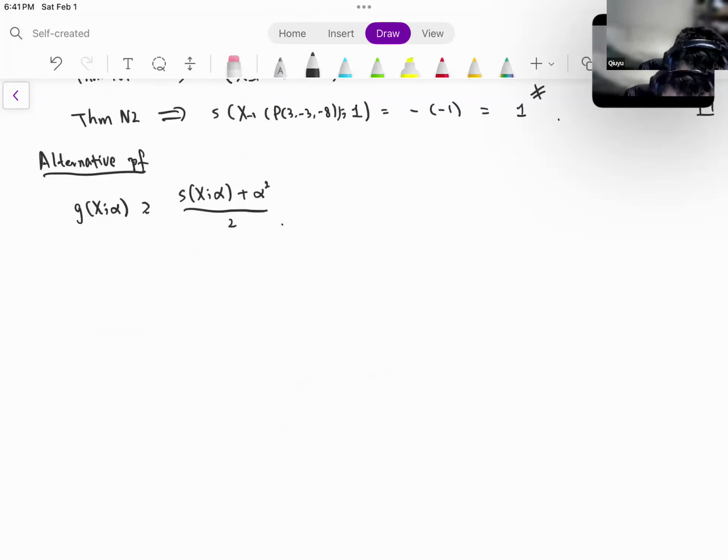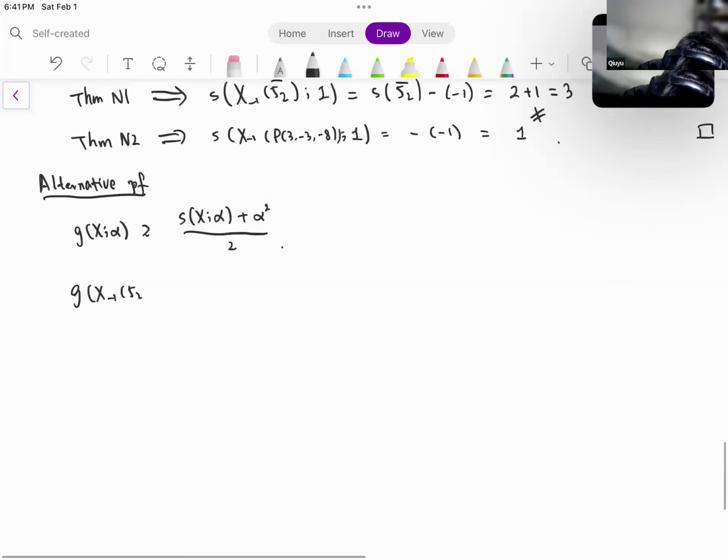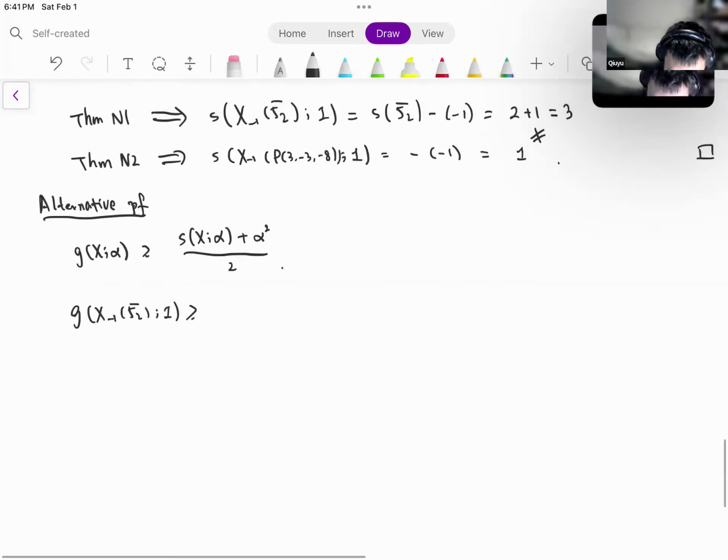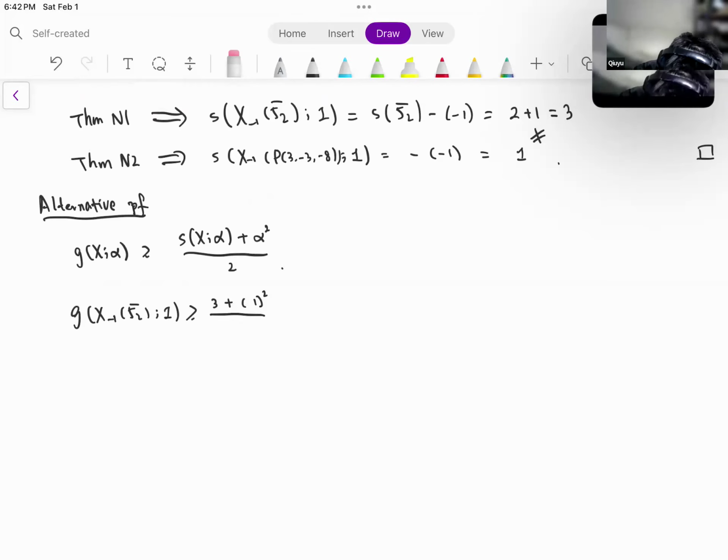By this genus bound, we know the genus function of my first four-manifold, the trace on the 5-2 knot at class 1, is greater or equal than the s-invariant, which we have calculated by theorem N1 to be 3, plus the self-intersection of this 1 class divided by 2. So this notation is a bit misleading. The second term is really the self-intersection number, so it's actually -1 instead of +1.